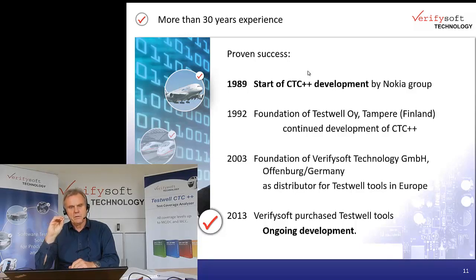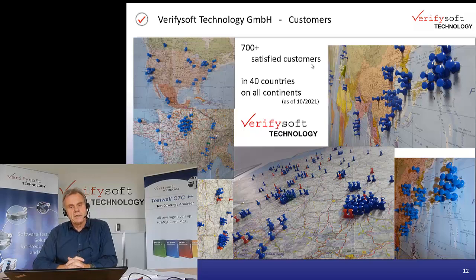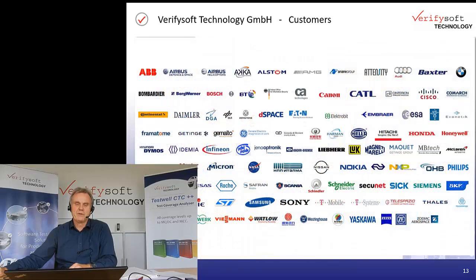So we have a proven success, we have a lot of experience, and we can provide to you a very strong and major tool here. We have currently more than 700 satisfied customers in 40 countries on all continents worldwide. You see here a couple of maps, so we have customers about everywhere.